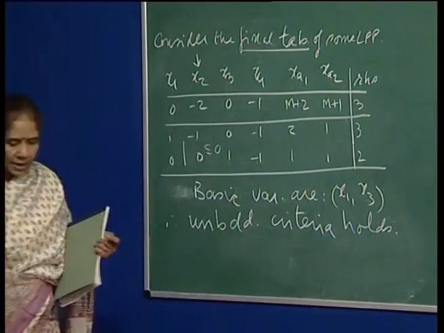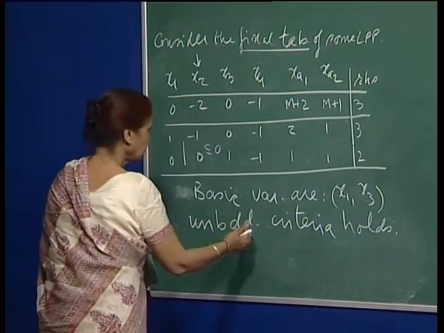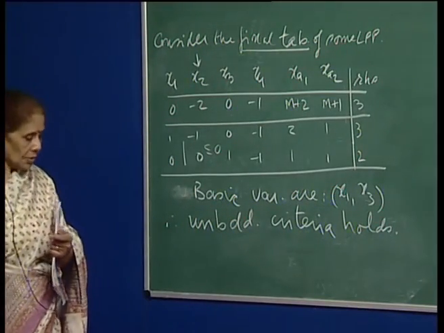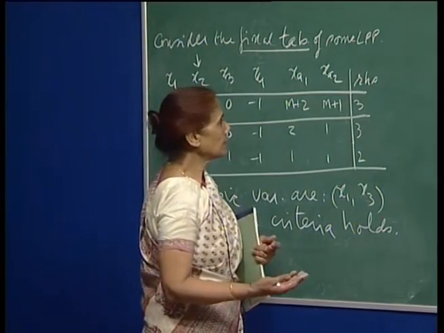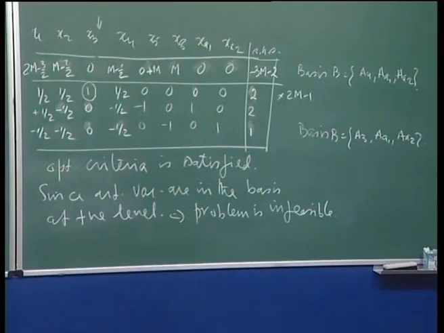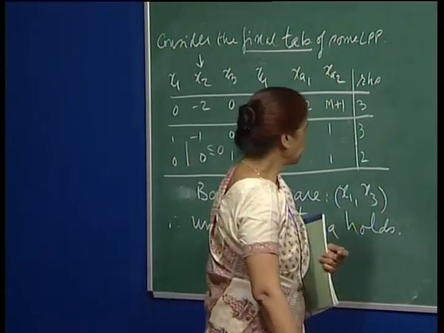Okay. And since the artificial variables are out of the basis, the original problem is unbounded, right. So, everything applies in the same way. Here we could detect infeasibility, here we can detect unboundedness, right.